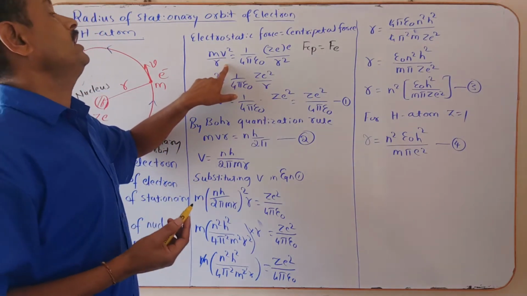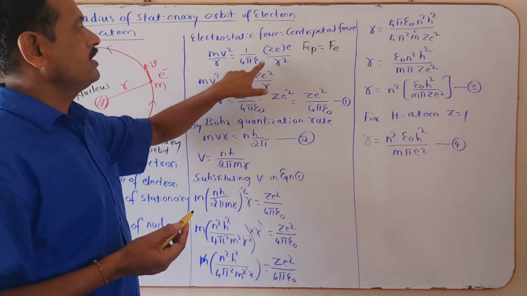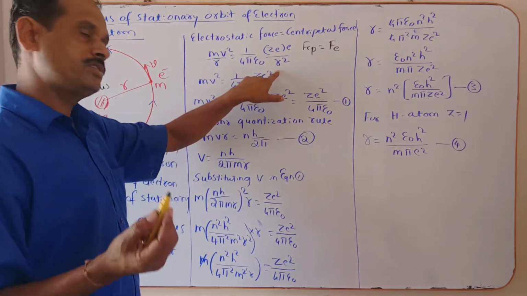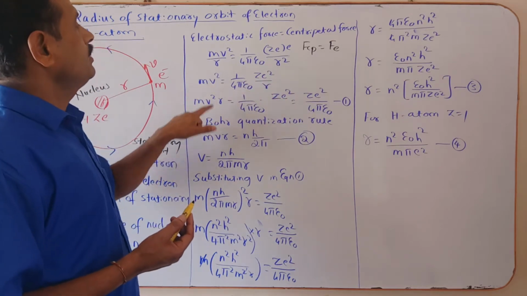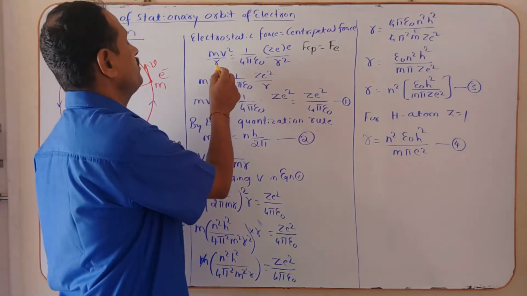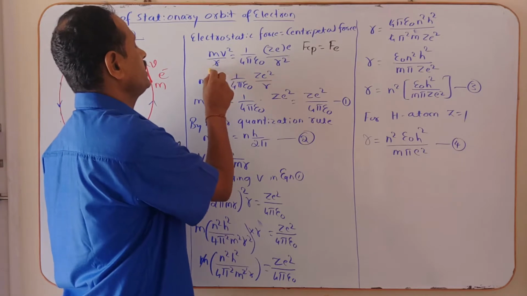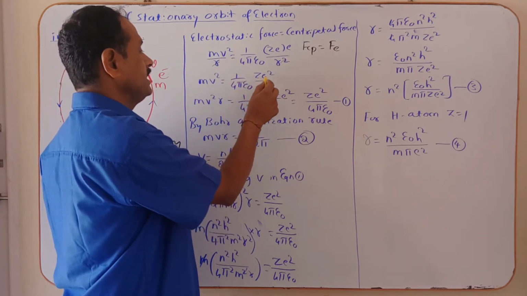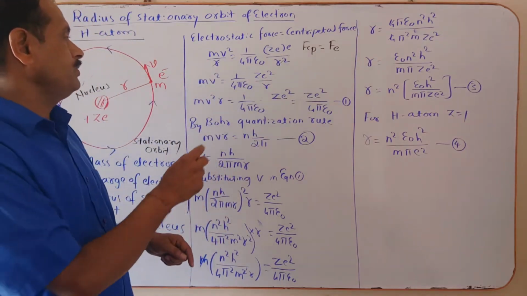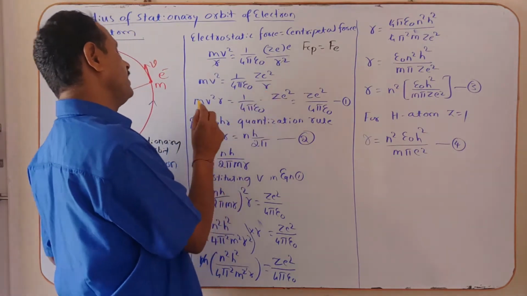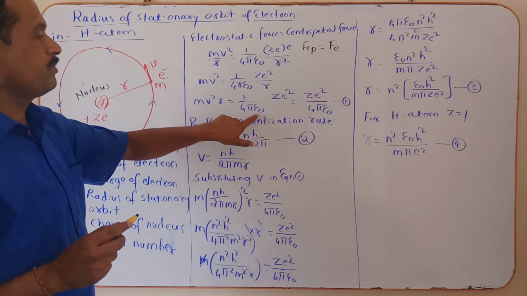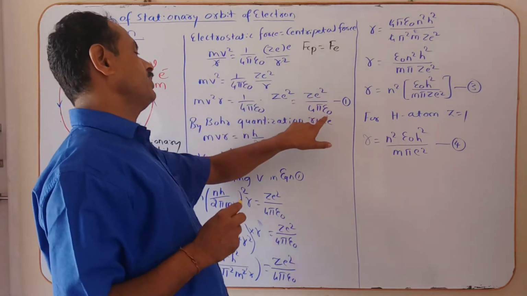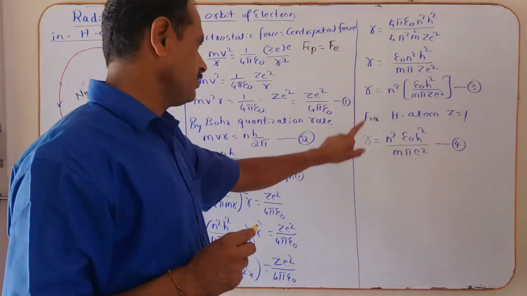The electrostatic force is 1 by 4 pi epsilon naught times the charge of the nucleus into the charge of the electron, divided by the square of the distance, r square. Now mv square by r, one r cancels, remaining 1 upon 4 pi epsilon naught ZE square divided by r. Taking r to this side, mv square r is equal to ZE square divided by 4 pi epsilon naught. This is equation number 1.